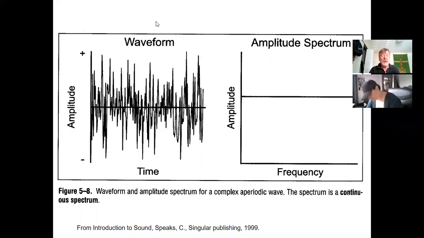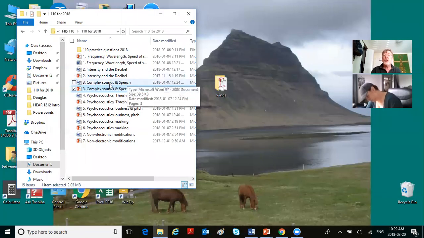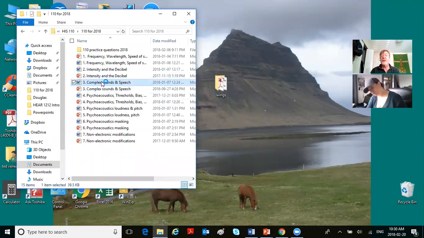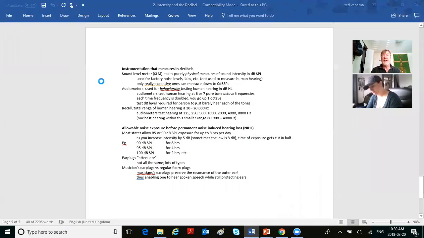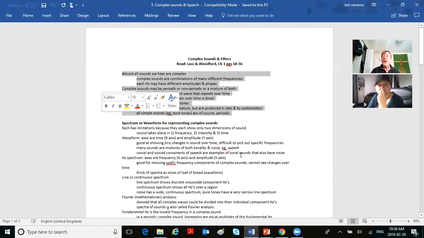What I'd like to do here is just pull up the notes. So I'm going to pull up the notes to this and look at complex sounds in speech. Once it pulls up, look at the notes. Look what we said. Almost all sounds are complex. They can be periodic or non-periodic or a mixture of both.